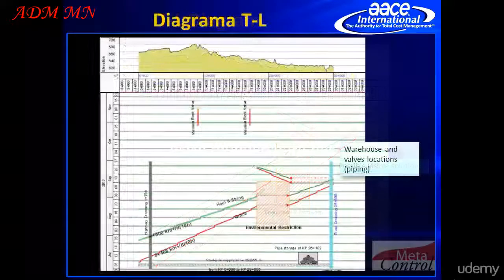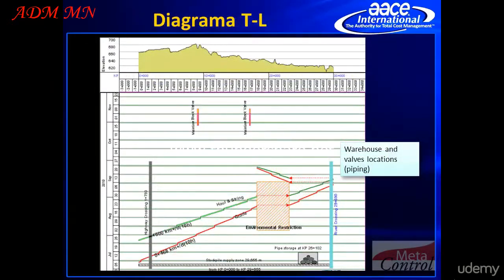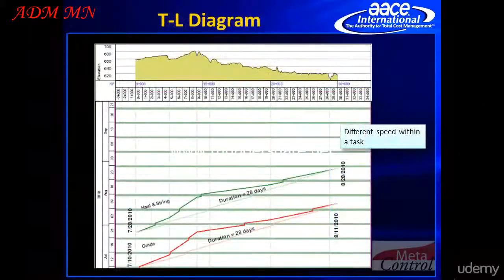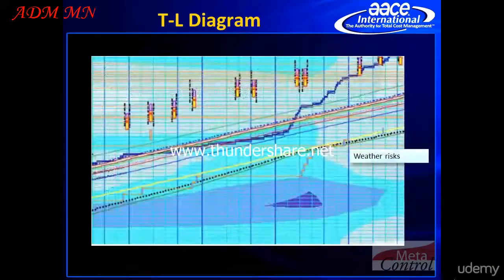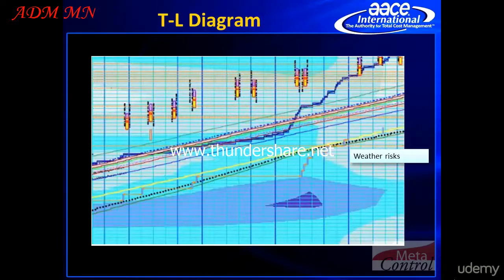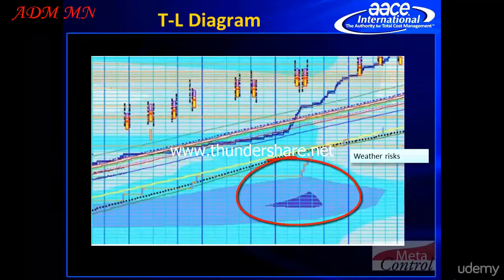We can point out warehouses and stationary task locations. This means tasks performed in just one point of the distance scale. We can also see the different speeds that activities adopt according to the terrain. This one is a good view. We see the meteorological report overlaid on the diagram. Nobody would choose to work in certain places during the worst climate, right?